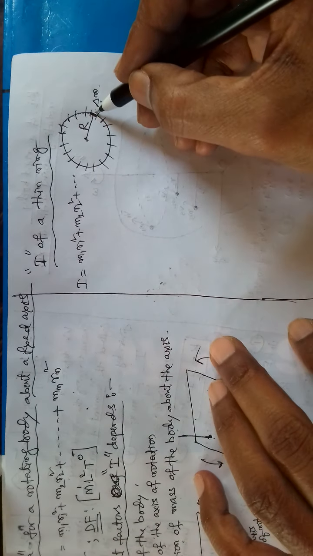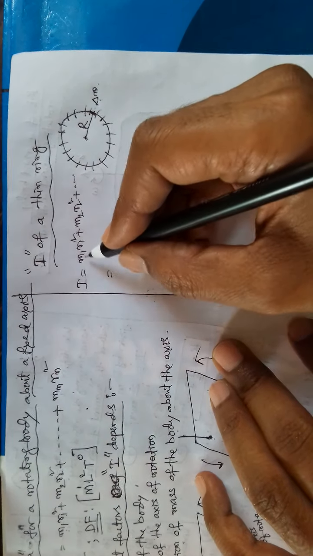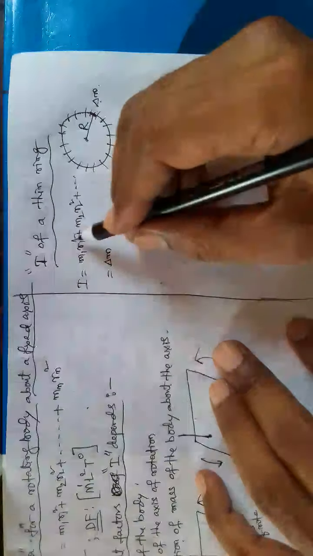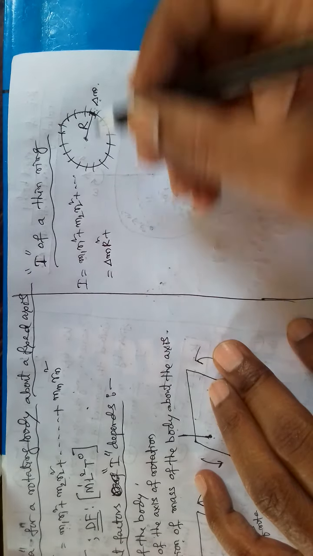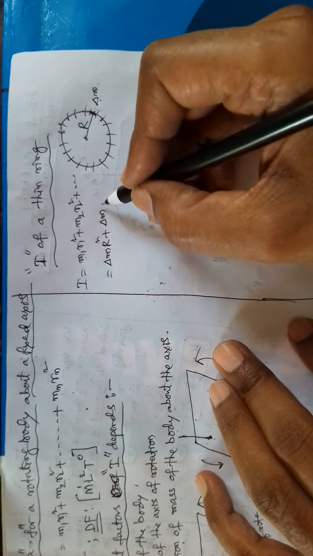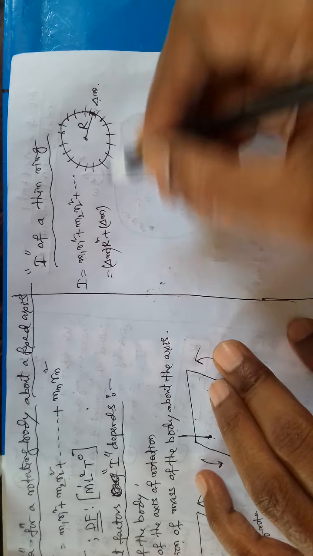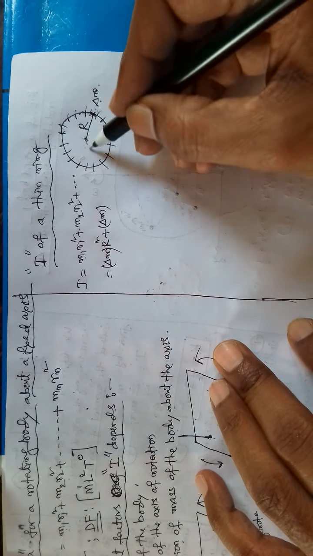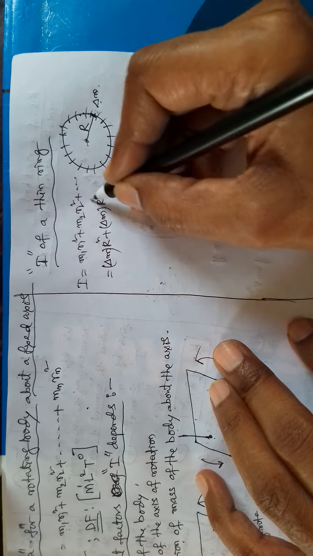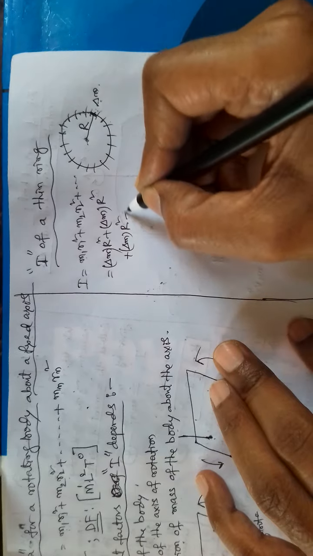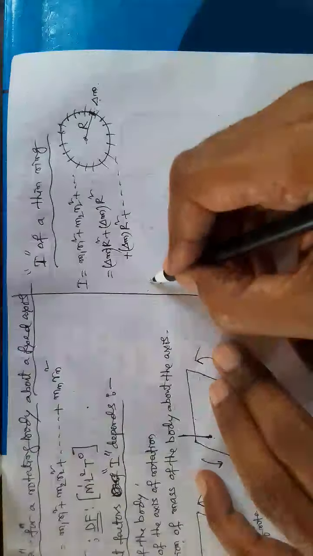Now this is the first segment, so the first mass particle is delta m, and it is at a distance of r, so r1 square means r square, plus the second segment, that is also delta m, and since this is a circle, all segments will be at the same distance, so here also r square, plus third segment, plus fourth segment, plus nth segment.